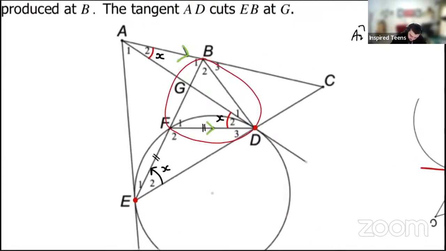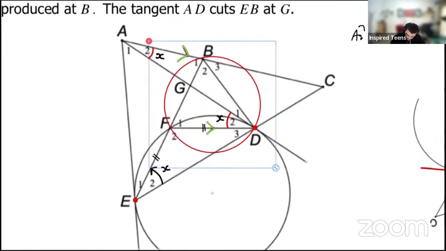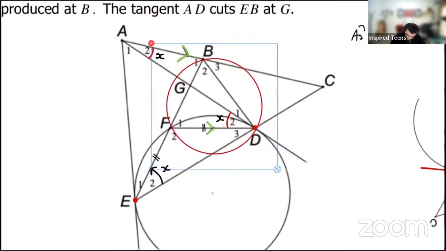You have to imagine a circle passing through BFD, something like this. Obviously this is imaginary. You can draw a dotted circle if you'd like.